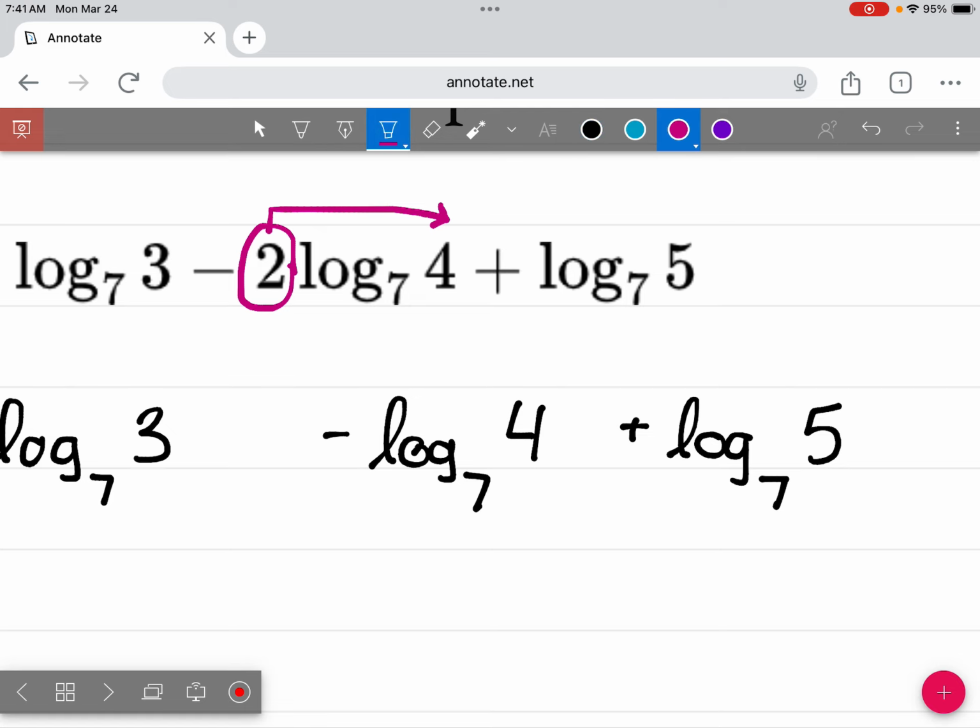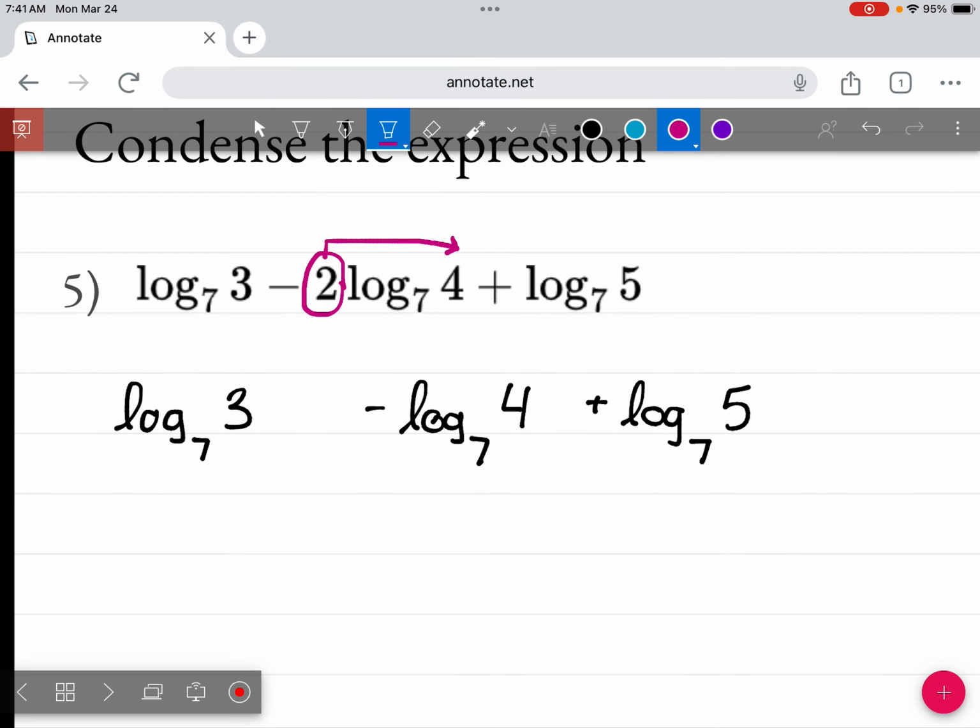Our next step is supposed to be that our addition becomes multiplication, but I want us to pay really close attention. Which things are positive, like our log base 7 of 3 and our log base 7 of 5. These guys are both positive, right? Oh, power.